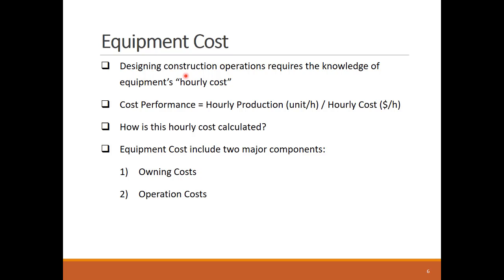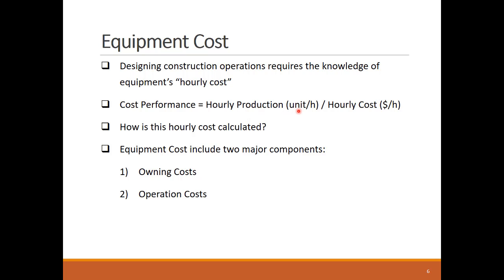Let's switch gears now to see how the equipment hourly cost is estimated, which is a critical factor to consider when planning and designing construction operations. As we have seen in the earlier lessons, construction operations are designed to optimize their cost performance, meaning minimizing their unit cost that's calculated by dividing the hourly cost over the hourly production rate.